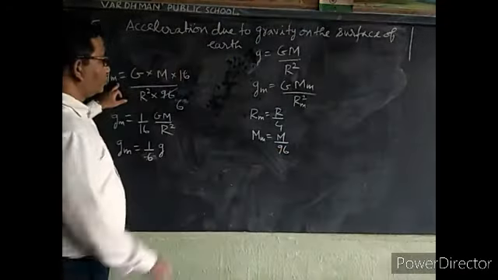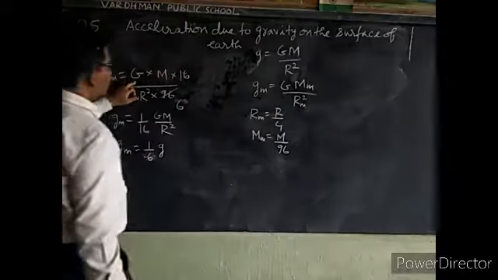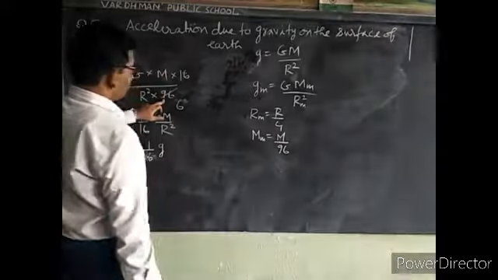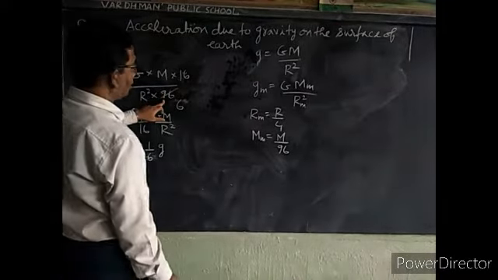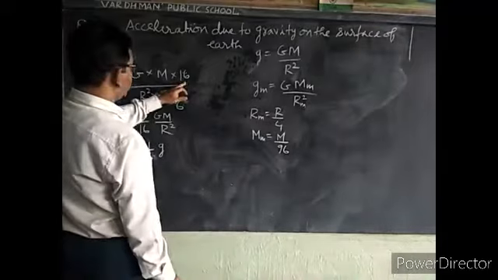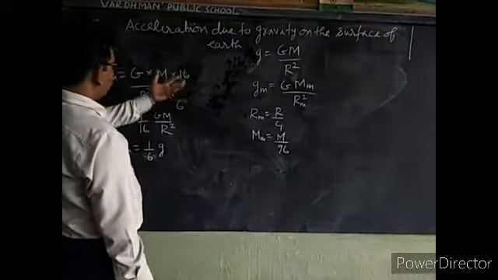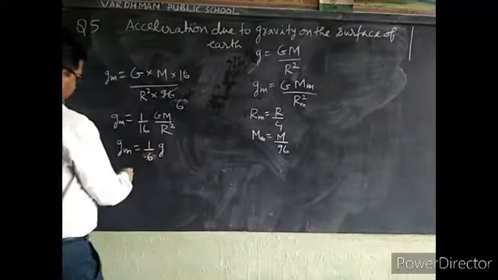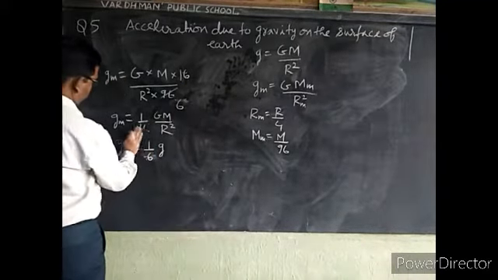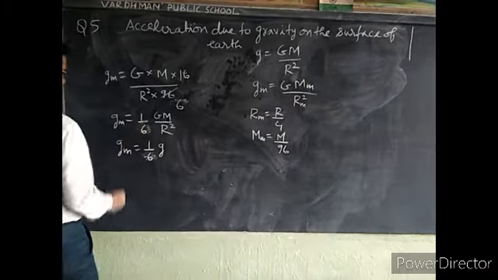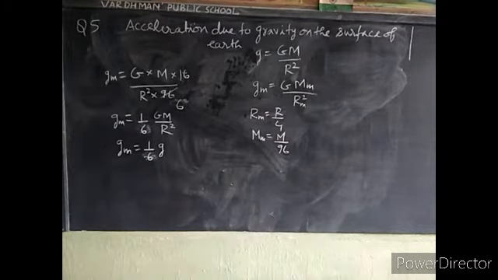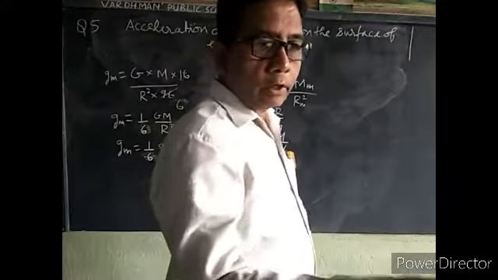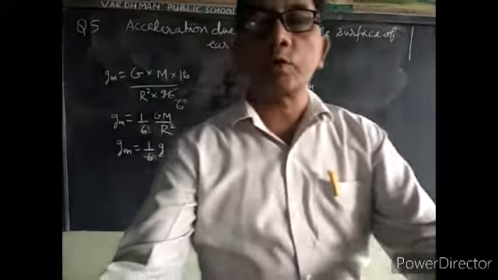Therefore when we put the values in this equation, it will become 1/6. Thus we can say acceleration due to gravity on the moon is 1/6 of the acceleration due to gravity on the surface of earth. Now we will discuss the next question.